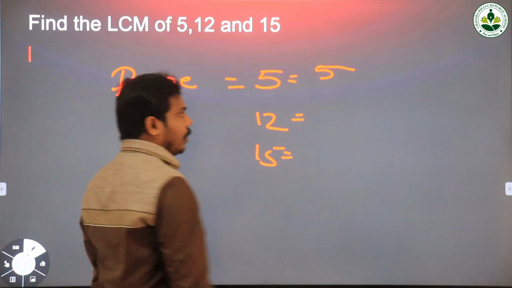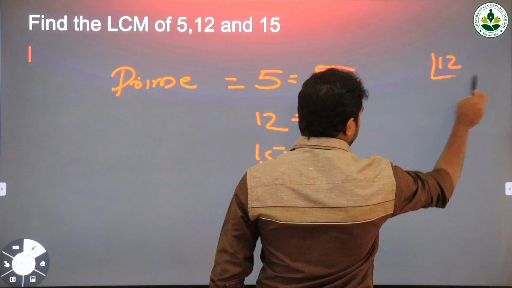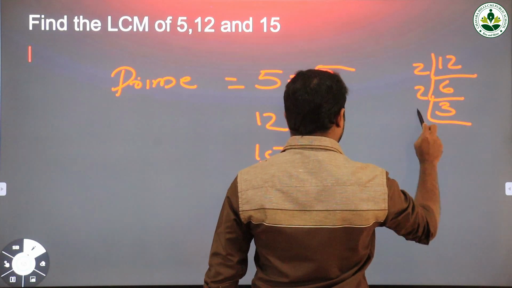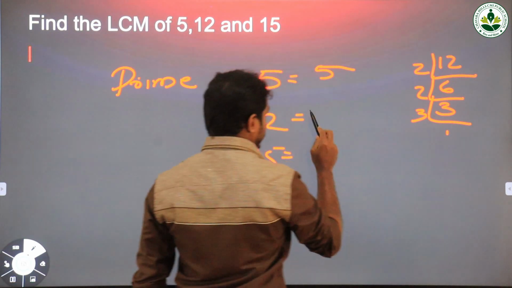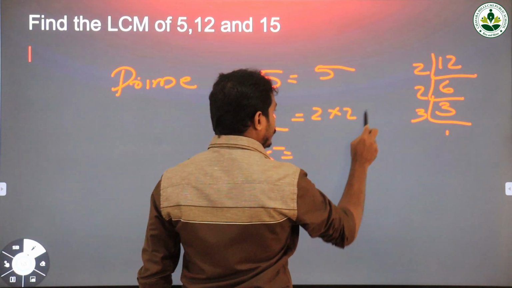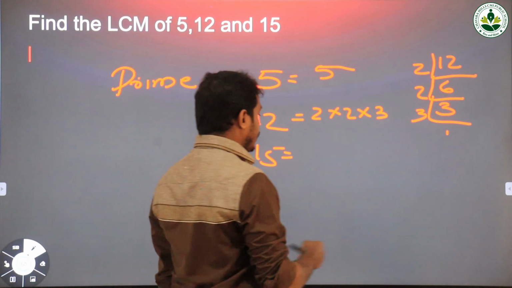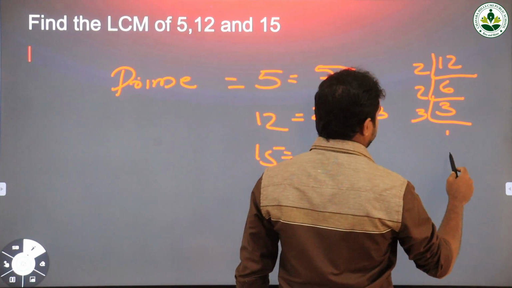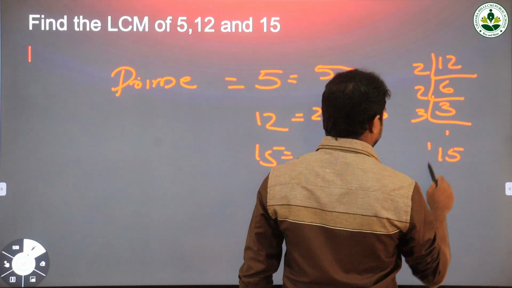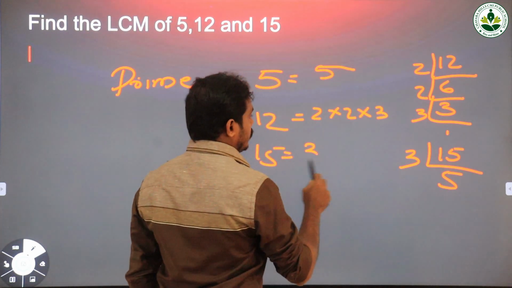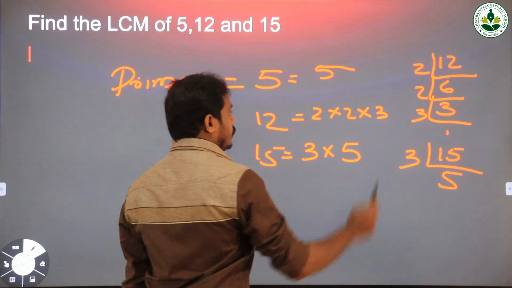Prime factorization of 12: 2 into 6, 2 into 3. So the prime factorization of 12 is 2 into 2 into 3. And the prime factorization of 15 is 3 into 5.